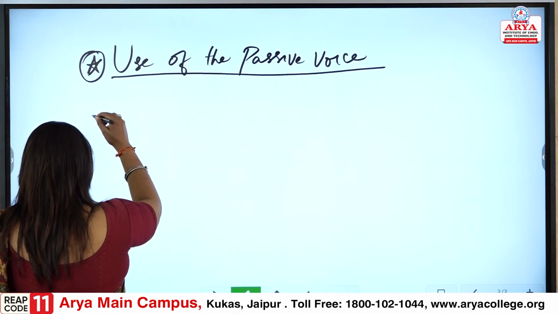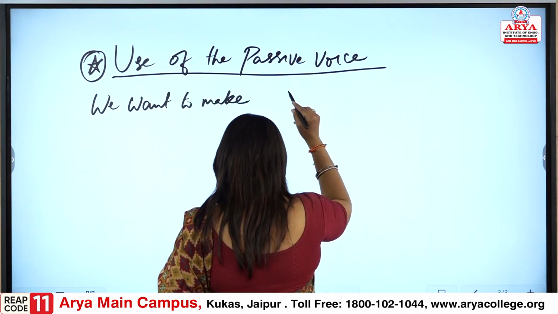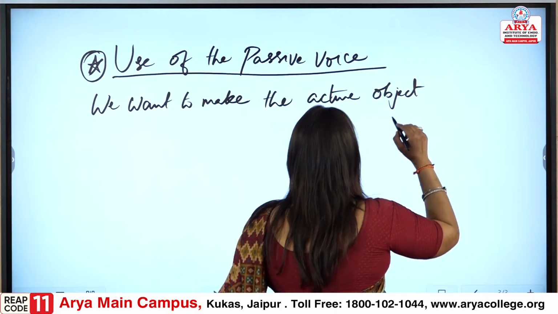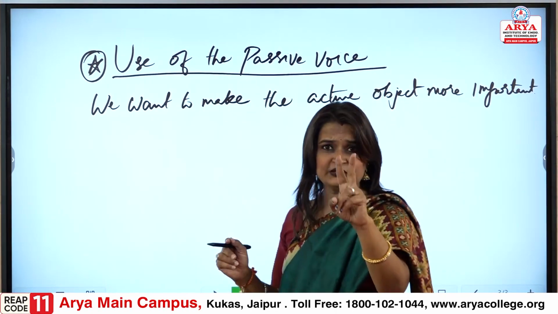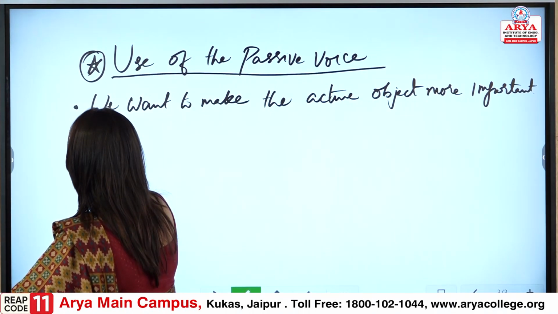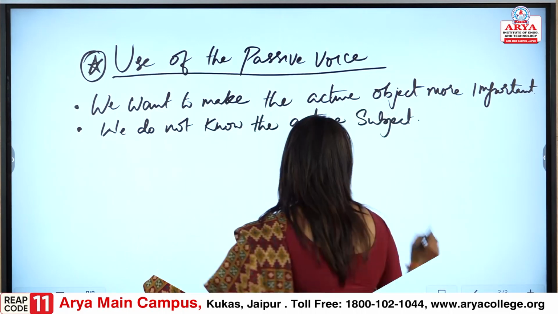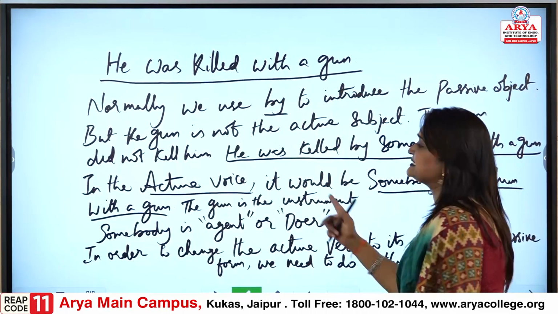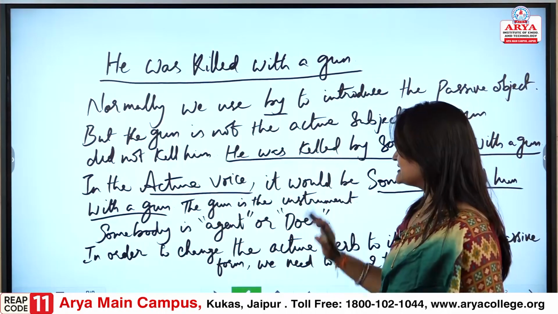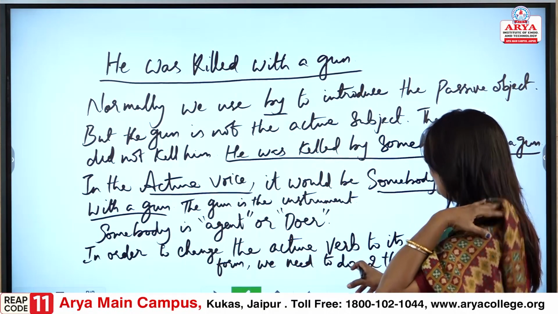First, we want to make the active object more important. The second point is we do not know the active subject. So, when we are looking into this example, we are trying to understand the two forms.